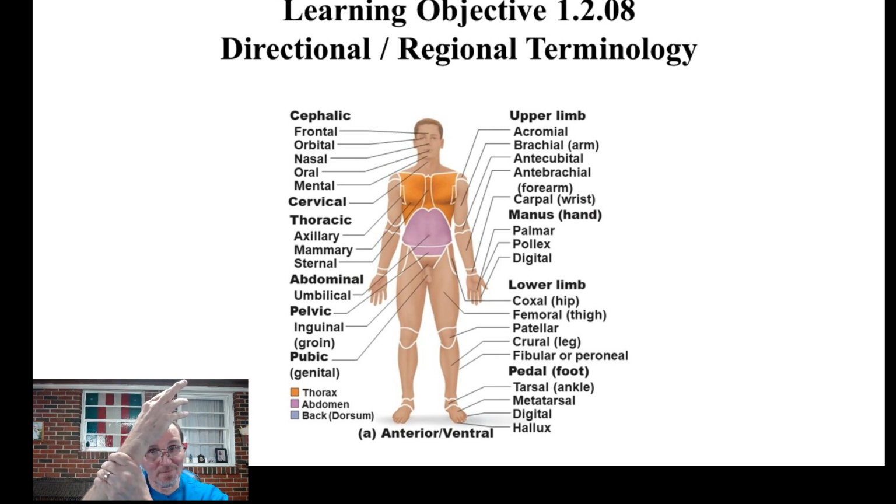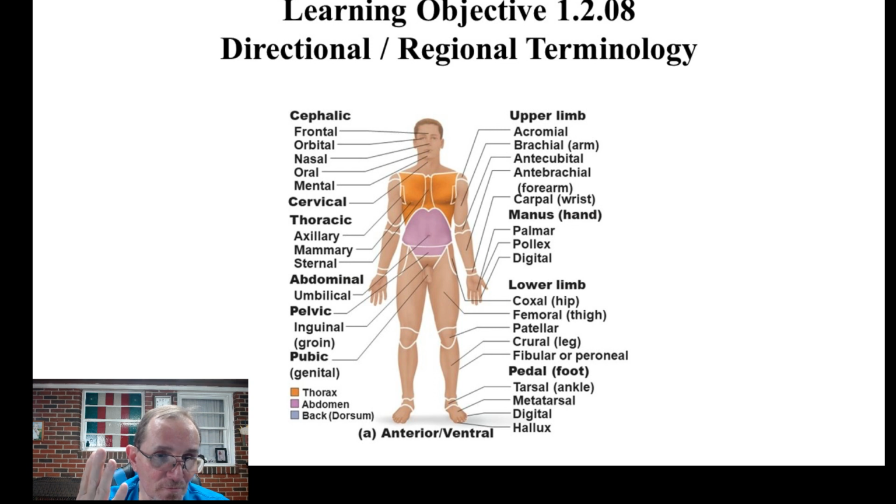This is a forearm. This is not the arm. So there's the brachial region. This area right here, where your elbow folds, is going to be the antecubital region. The forearm is antebrachial, which means before the brachial.